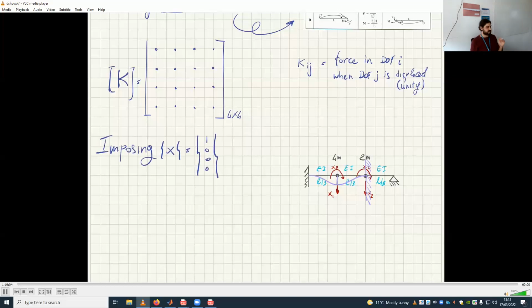Imposing that we have unit displacement in x1 and no other displacement in x2, x3, x4. That means that x2 and x4 are 0, and that creates effectively a fixed support here.